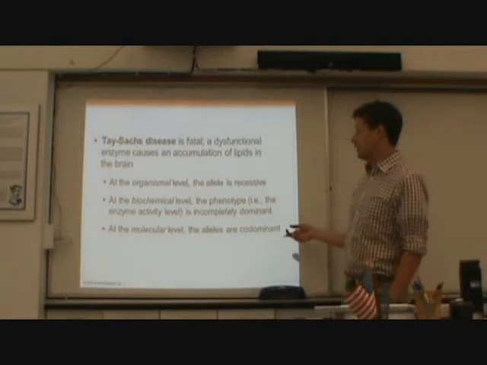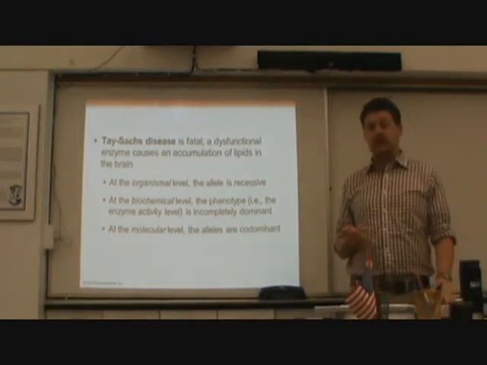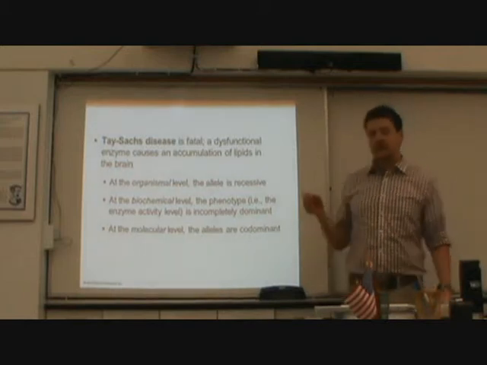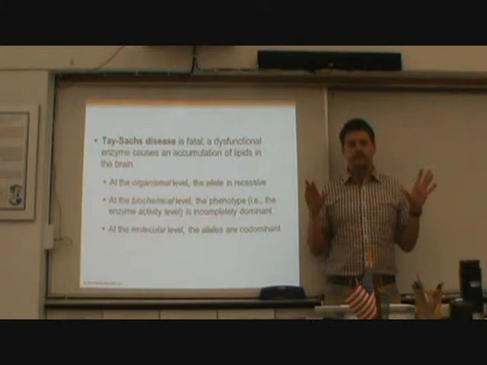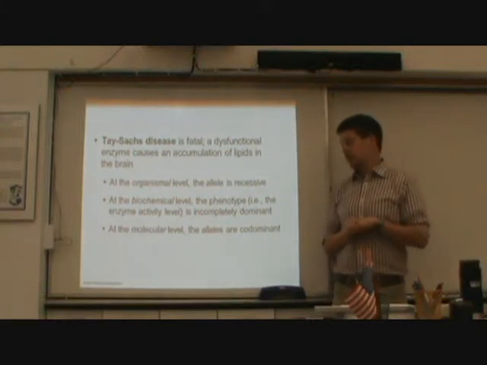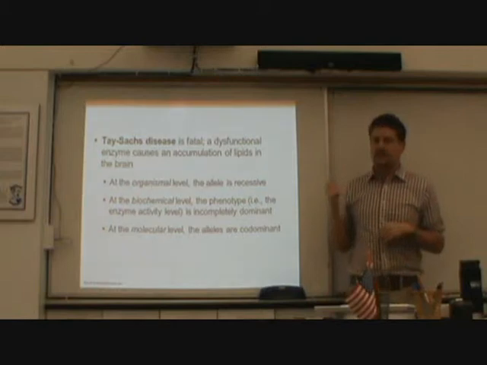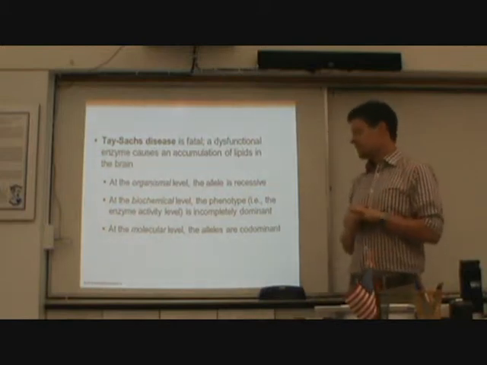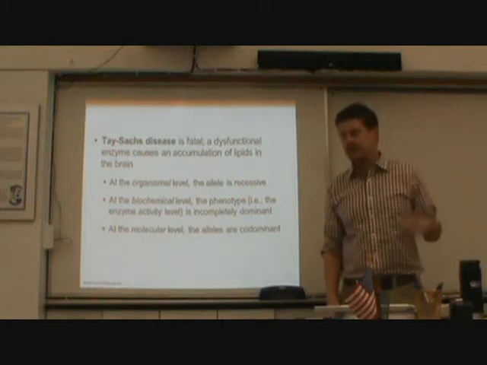But then at the molecular level, the alleles would appear to be codominant because, again, in codominance, you see both of those possible characters coming through. And what you see, if you look at the molecular level, is that the individuals who are heterozygous for this gene are actually producing good enzymes and messed up enzymes.